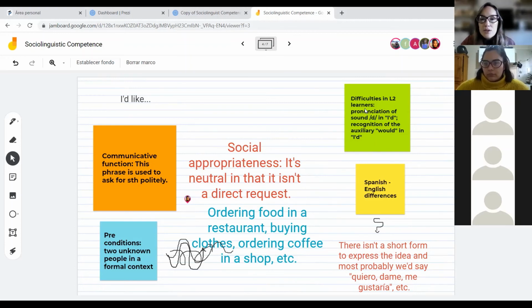Difficulties for L2 learners: pronunciation of the sound in I'd, recognition of the auxiliary would in I'd. Yes, that might be a difficulty, very good.